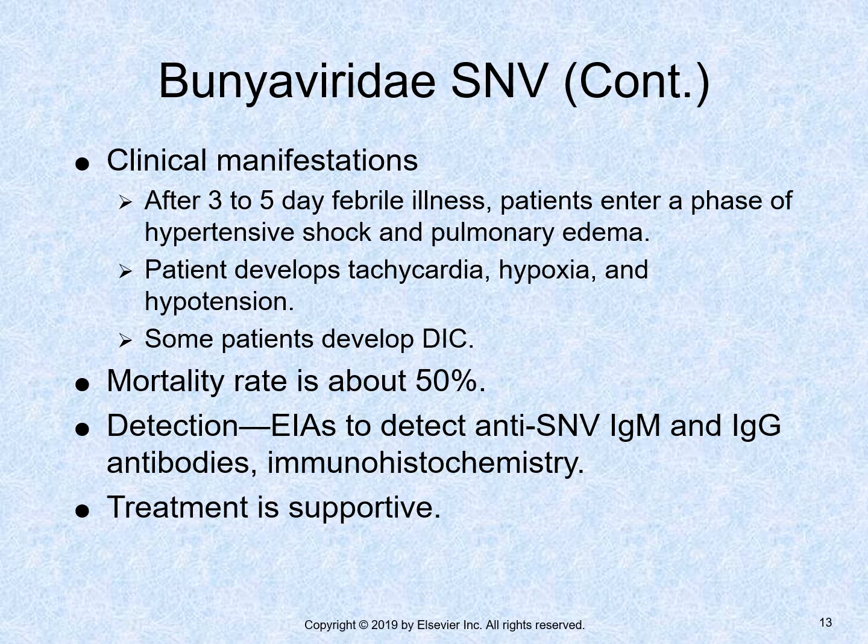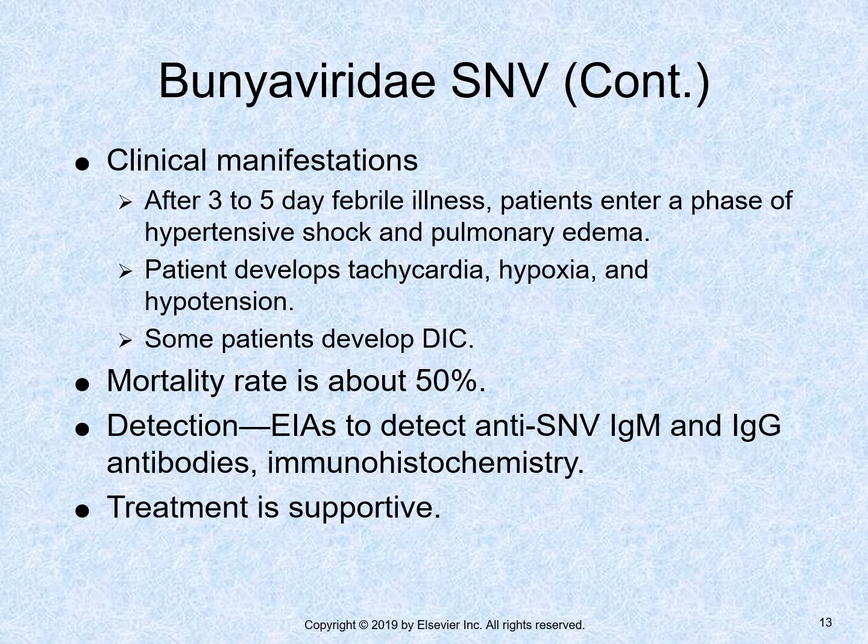As mentioned before, SNV manifests in 3 to 5 days with febrile illness. Then patients enter a phase of hypotensive shock and pulmonary edema. The patients develop tachycardia, hypoxia, and hypotension, and some patients will develop disseminated intravascular coagulation.